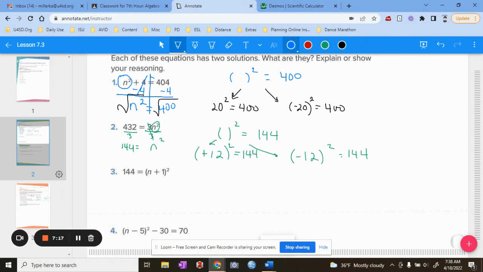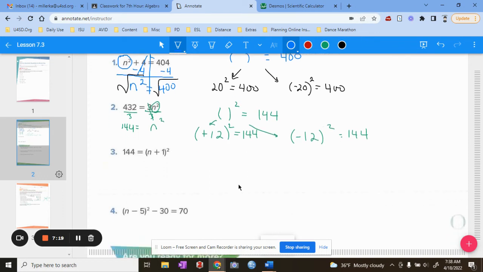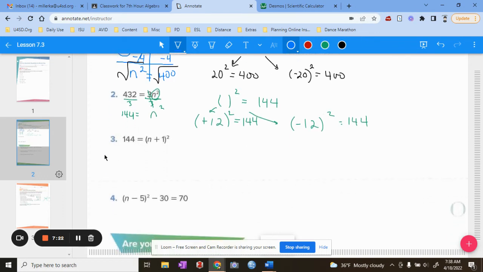Just like we talked about in the summary for number 3, we have 144 equals the quantity n plus 1 squared. All right, well, we know if we have a value squared equaling 144, we can get positive 12 and we can get negative 12. We know that from number 2. So now what I'm going to do is set that n plus 1 equal to each of these options.